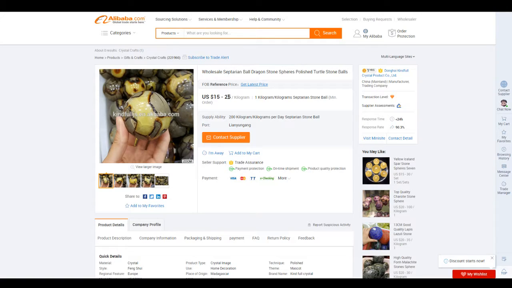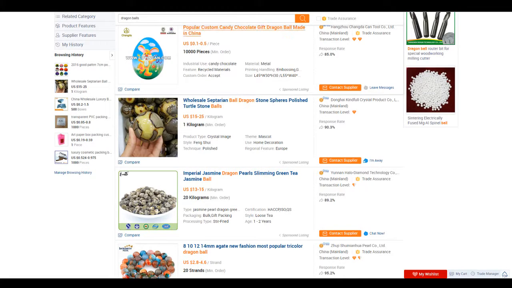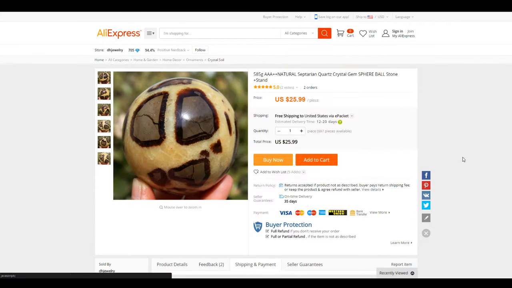Figure we spend an extra $2.50 per ball in shipping. That puts it at $7.50. We're selling it for $35. That means we're making $27.50 per ball, as compared to 10.